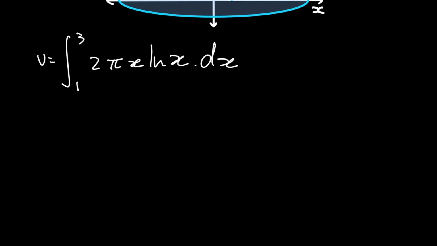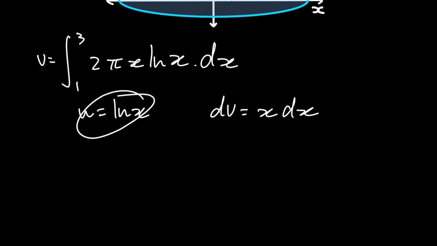So going on to solve this integral, we can use integration by parts. u is the part that is easier to differentiate, so we'll let it be the natural log of x, and dv is the part that's easy to integrate, so we'll let that be x. Now, differentiating the natural log of x, we get du over dx is 1 over x.